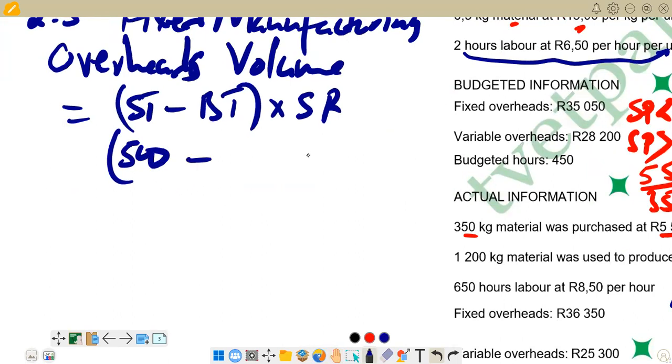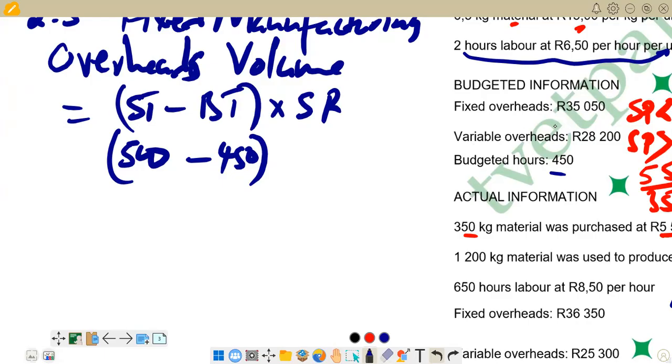Then we subtract the budgeted time. We come to the section of budgeted information, and we see that we've got budgeted hours of 450. So this becomes our budgeted time. Then for the standard rate, we use the budgeted information.